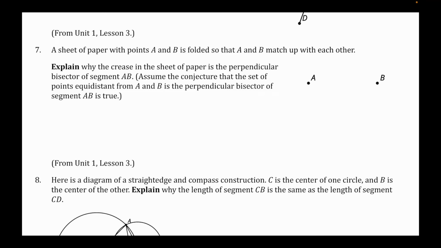It is the same segment, so this means the distance from C to A is the same as the distance from C to B. Since every point on the crease is an equal distance to A and B, the crease is the perpendicular bisector of segment AB. Now, I don't really like the way they verbalized that.